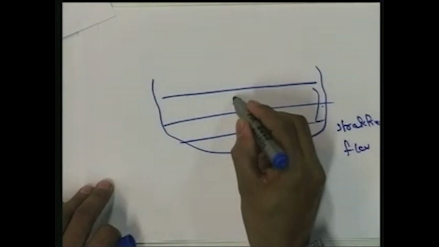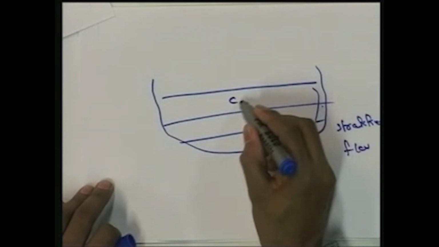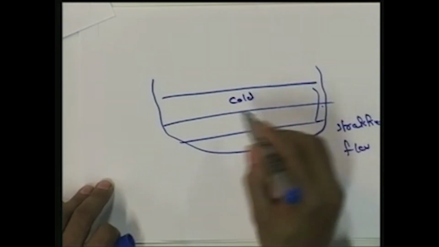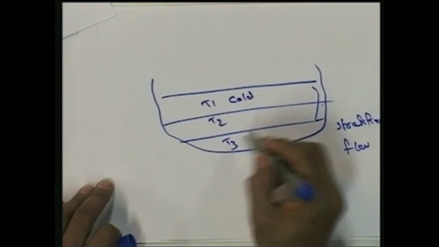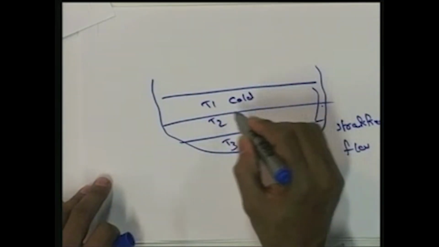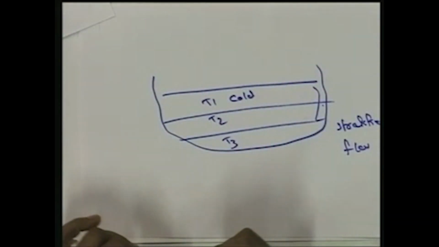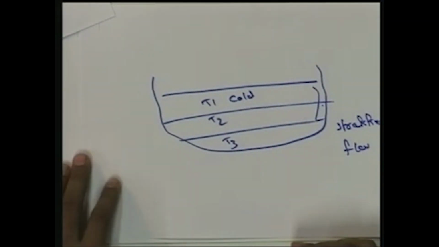So one will be cold water, with temperatures T1, T2, so the temperature variation is there. So more cold or less cold, like that stratification is there. In that case, the Richardson number is very important.